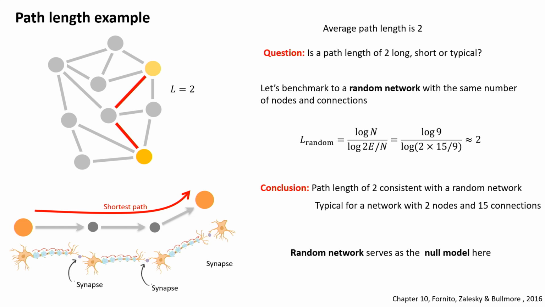And so we can say for our toy network there on the left, the path length of 2 is typical. It's not particularly long or particularly short. And so in this case, the random network is serving as our null model or our reference model.